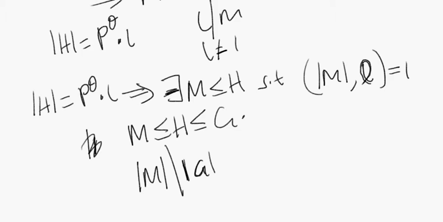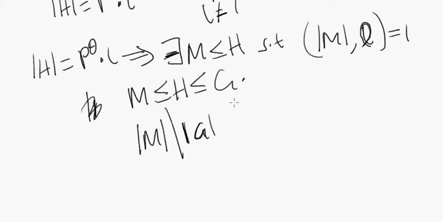Wait, this is actually leading to confusion now. Lagrange's theorem tells us the order of m must divide the order of g. Fine, but maybe we don't need to proceed this way.